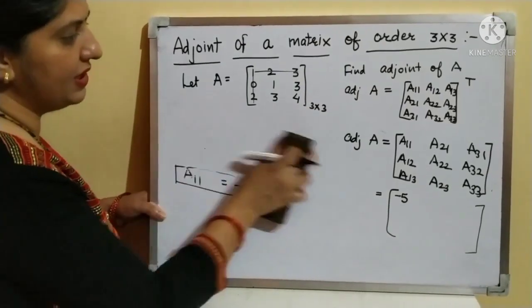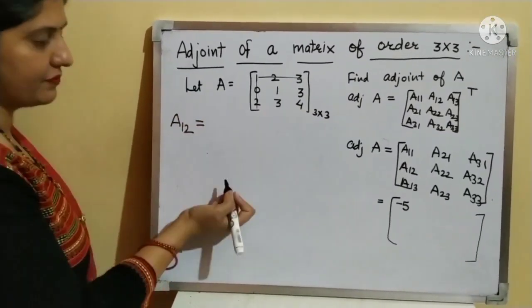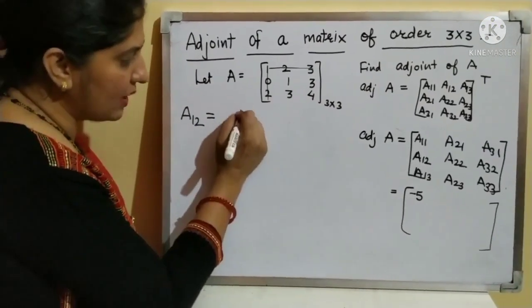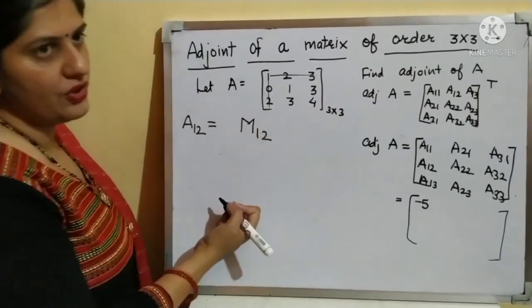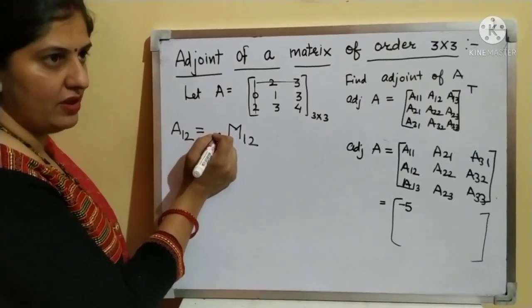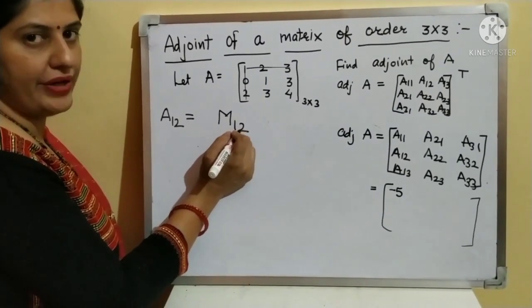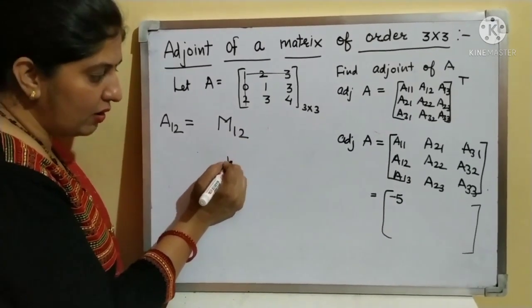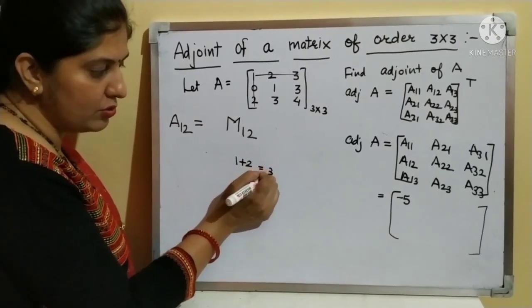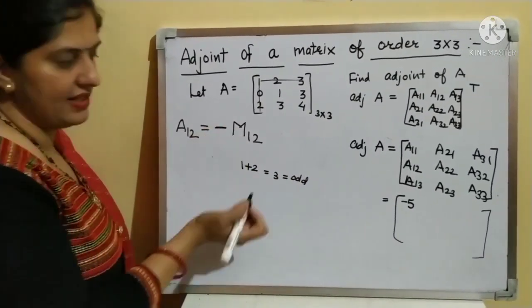Now we have to calculate A12. In the same way, calculate A12. A12 is equal to M12, but we have to take a positive or negative sign according as the sum of the suffixes is even or odd. Now see here, 1 plus 2 is equal to 3. 3 is odd, so we have to take a negative sign here.